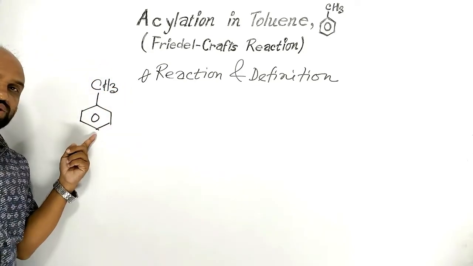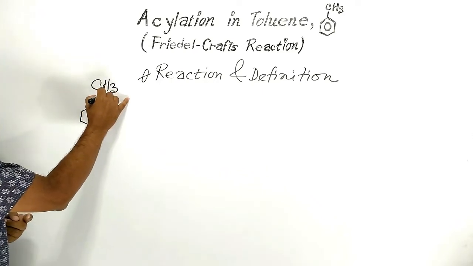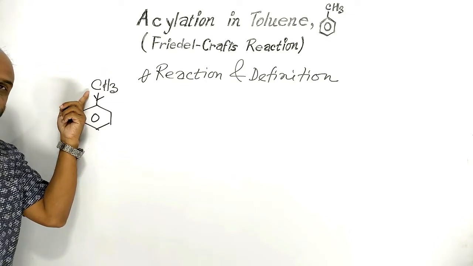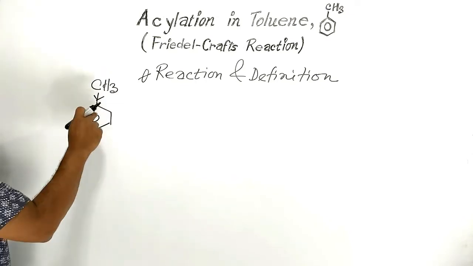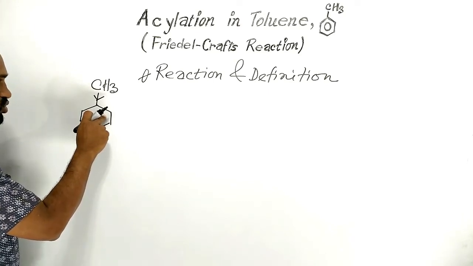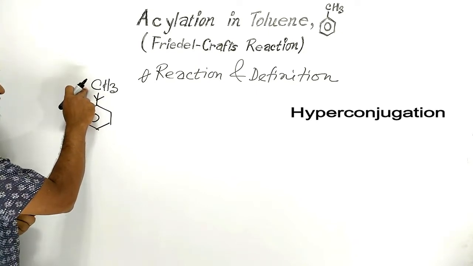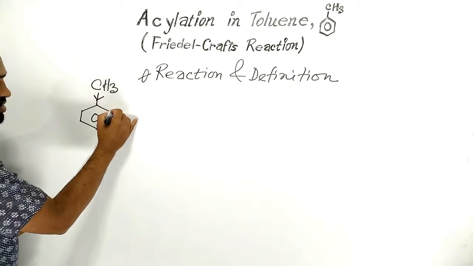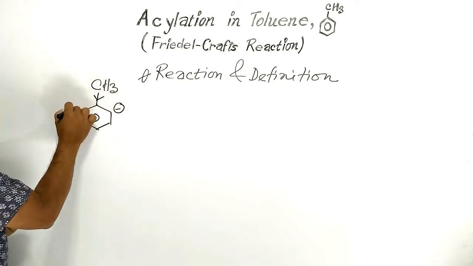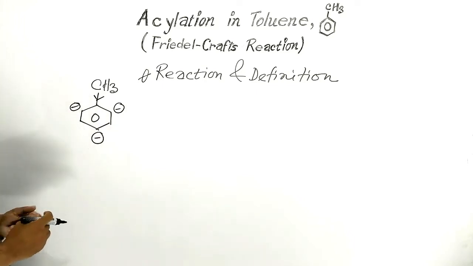This is toluene. Here methyl group is a kind of electron donating group. This methyl group increases electron density in benzene ring through hyperconjugation. Methyl group increases electron density at ortho positions and at para position.